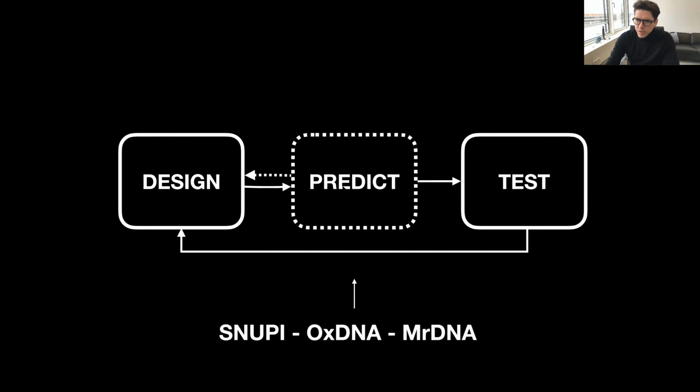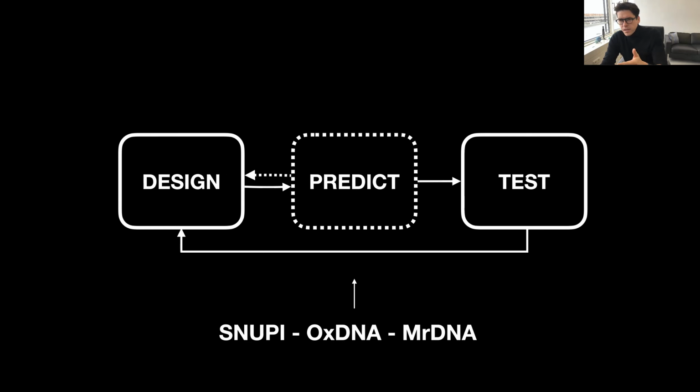So it would, of course, be much more useful to ultimately have an accurate structure prediction method in place, which you could use to do the whole design and predict process basically in your office, without doing any work in the lab, which is costly and time consuming, and only for the candidates which you think will move further in your pipeline, only for those you do a cryo-EM or another structural validation experimentally.